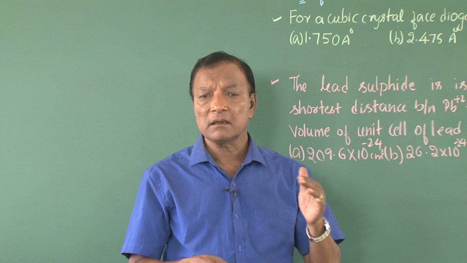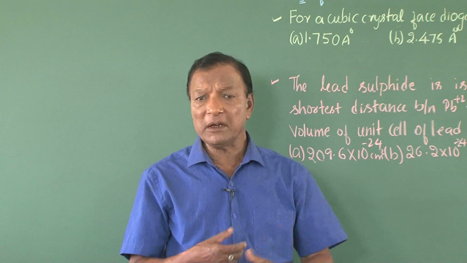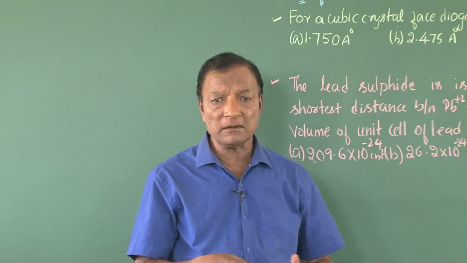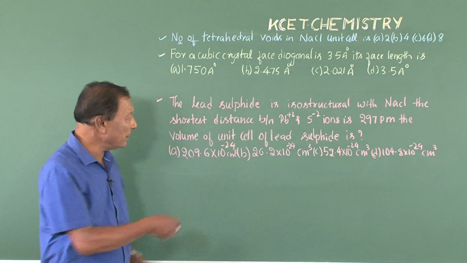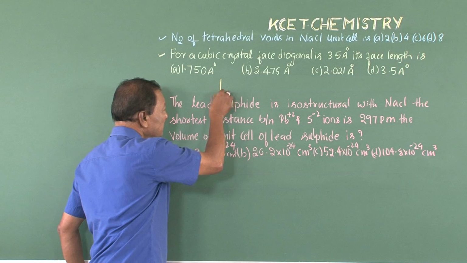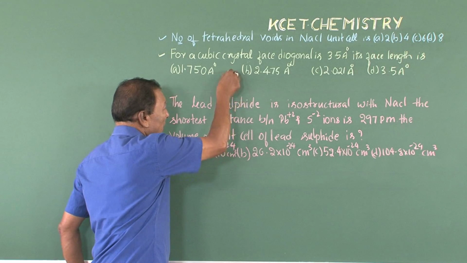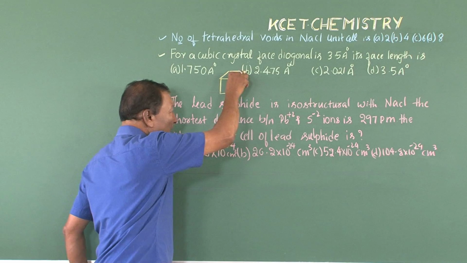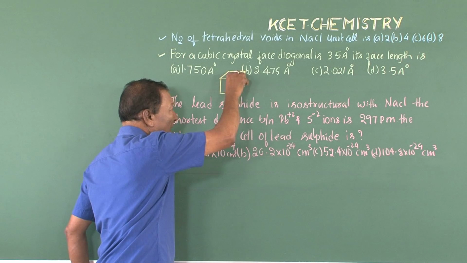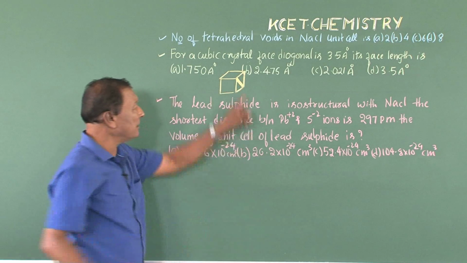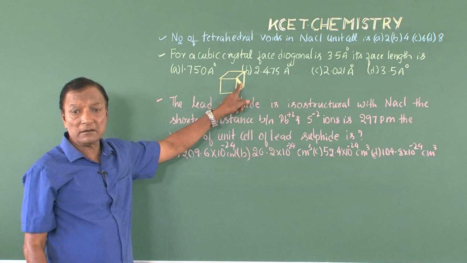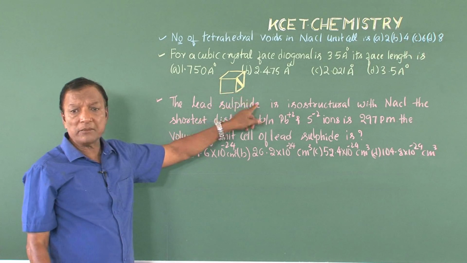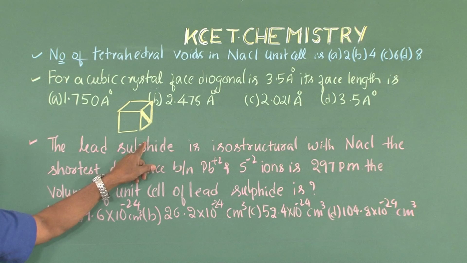This is quite familiar to you in the theory part, where in the face-centered cubic unit cell, when we are taking the face diagonal, this face diagonal is nothing but root 2 times the face length.